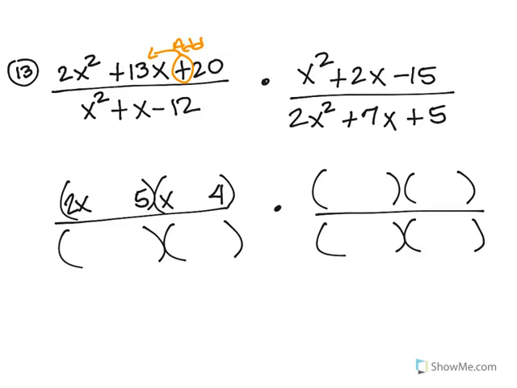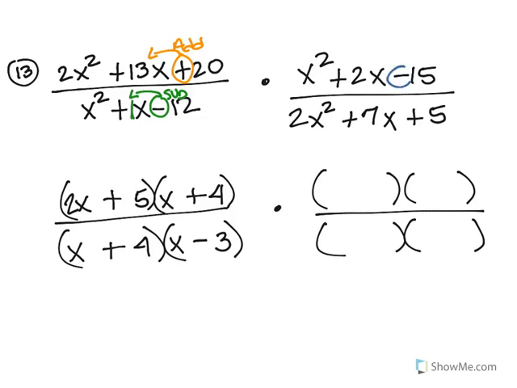And so that would make 8x and 5x is 13 when you add, and both of them positive. On the bottom, we are subtracting to get that 1. So we got x and x, and we're going to use 4 and 3. And we're going to have a positive 4 and a negative 3.